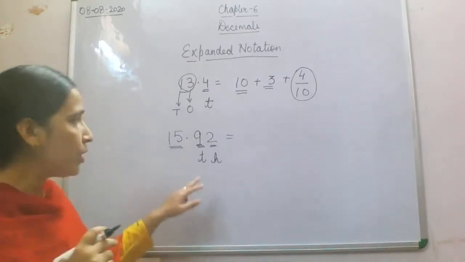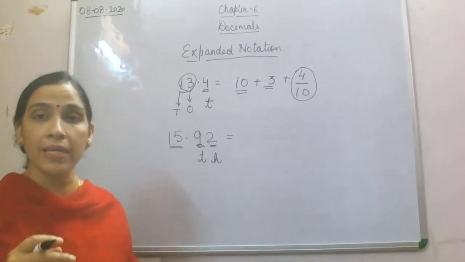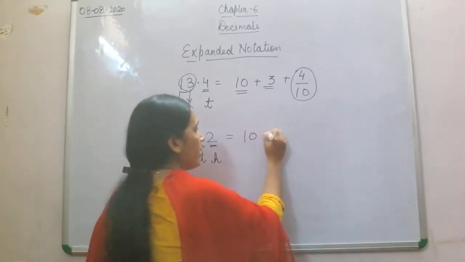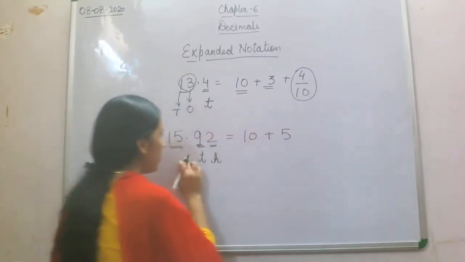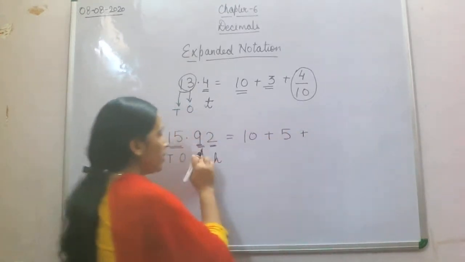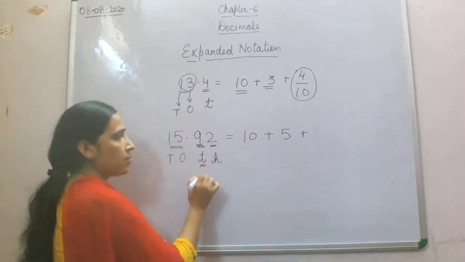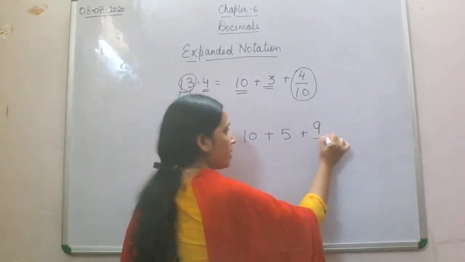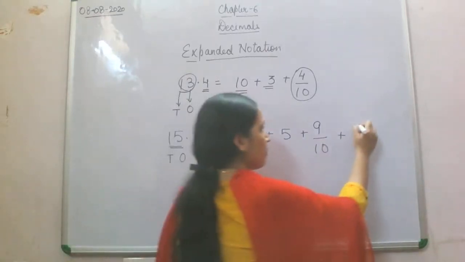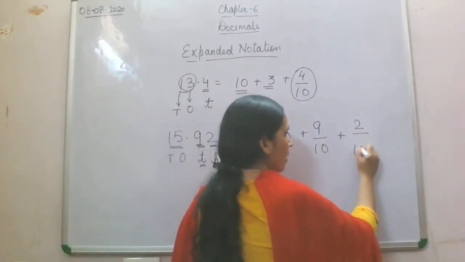How will we write it in expanded notation? 10 plus 5, this is ones and tens, then the number on the tenths place, that is 9 divided by 10, plus on the hundredths place, 2 divided by 100.